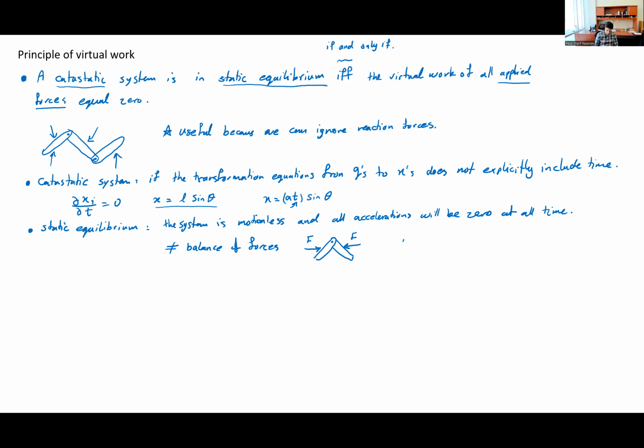In this case, the total force on the system is 0, meaning that if this is the center of mass, acceleration of the center of mass is 0, but individual bodies may move. So this mechanism may fold, but the center of mass doesn't move. So this system is not in a static equilibrium.